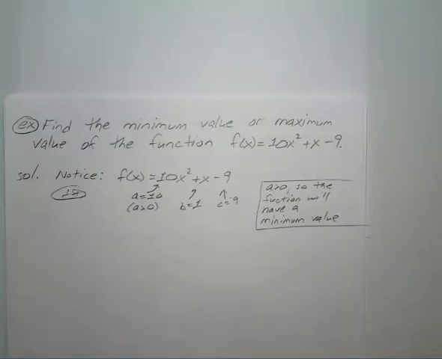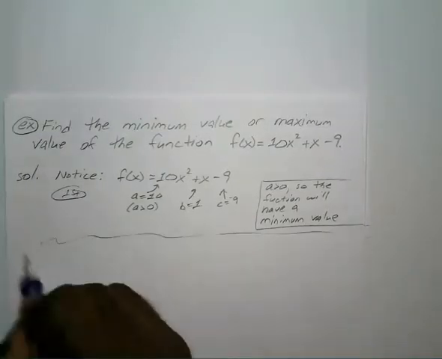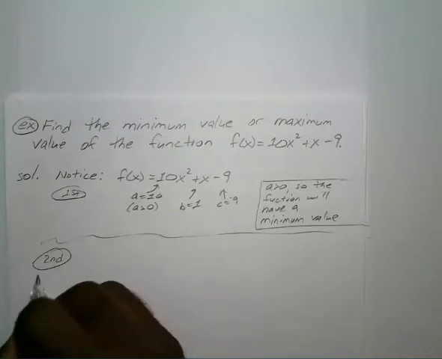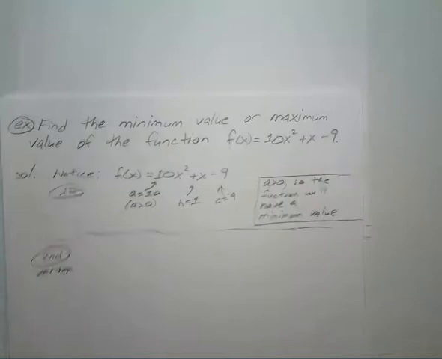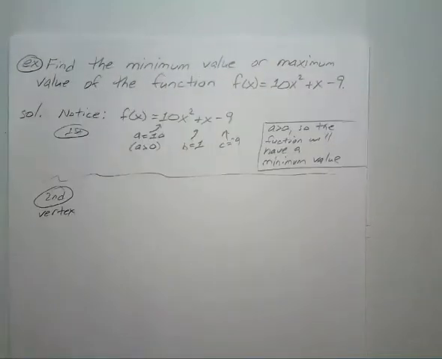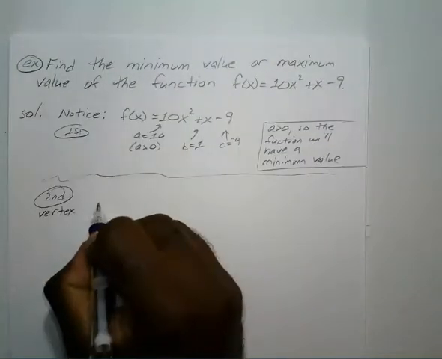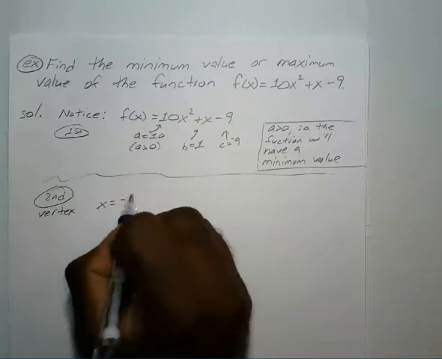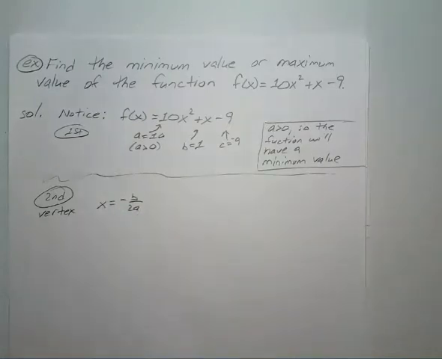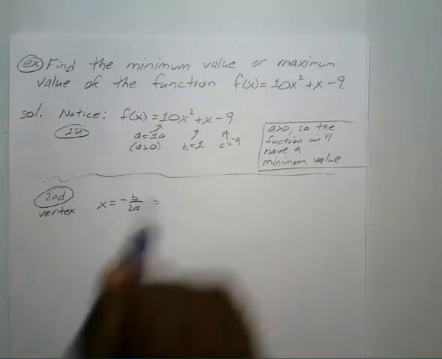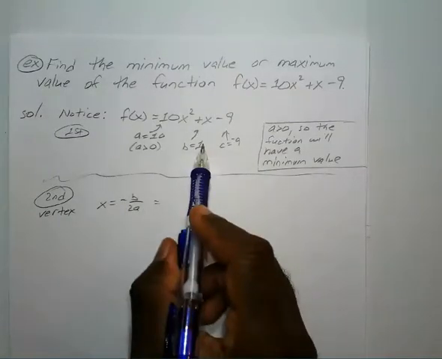Okay, so now we go ahead to our second step, which is we find our vertex. Okay, so we know that x is equal to negative b over 2a, which is equal to negative b, which is negative 1.